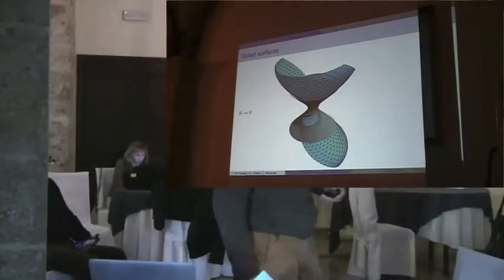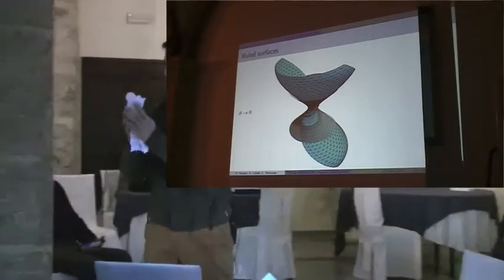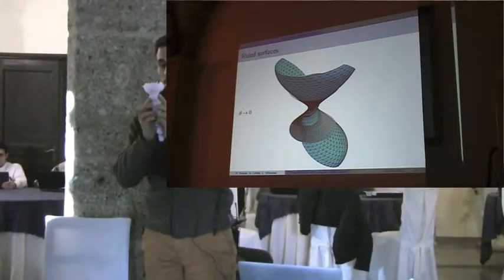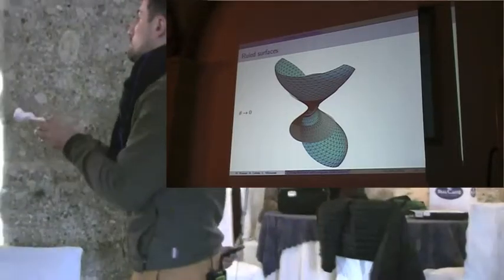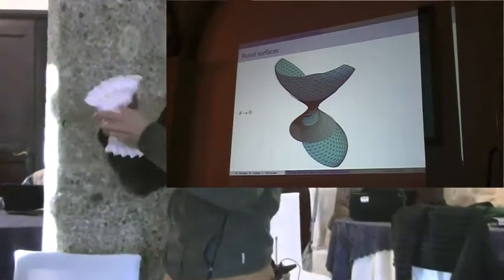Now, the last kind of surfaces you can easily obtain with this pattern is that you can almost flat fold it, okay? And then it behaves like an accordion. So you can achieve ruled surfaces, okay?